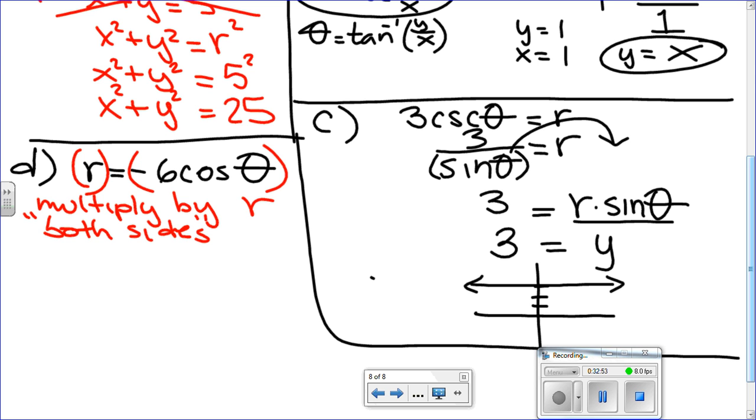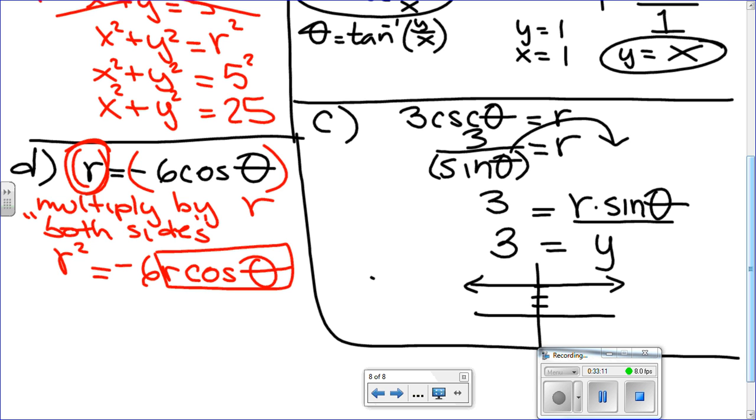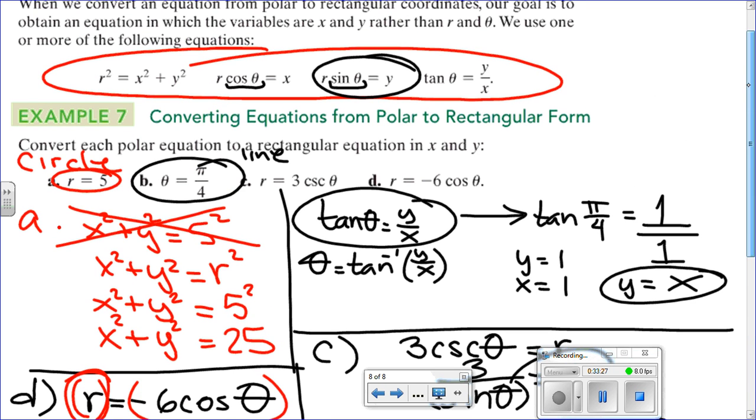So we're going to have r squared here. And then on the right side, I'm going to have -6r cosine theta. Now, why am I doing that? Well, because I want to replace this with either x or y, which one? With x. So -6x. And then there's another relationship for r squared, and that one is here.